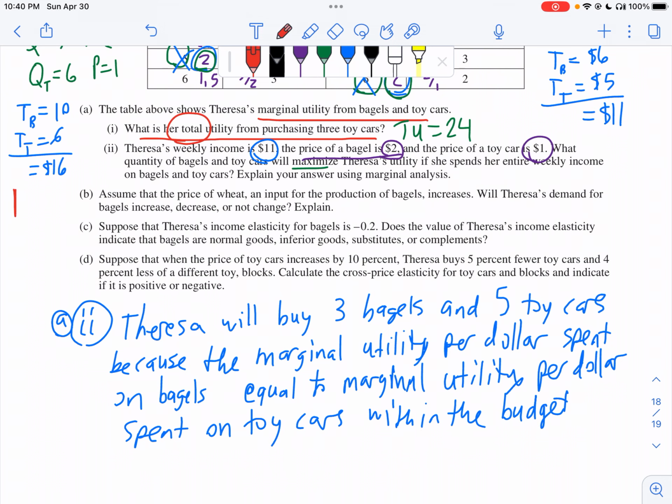The price of an input went up. As soon as you see that, supply goes down. So what happened to Teresa's demand? Did Teresa's demand change? Or did the quantity demanded change? The answer is the quantity demanded changed. The demand did not change.